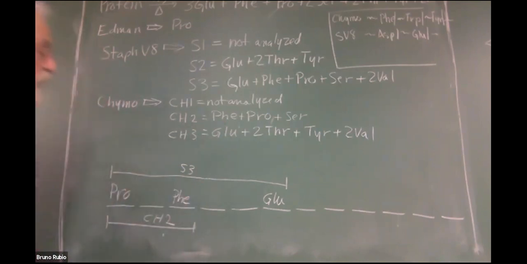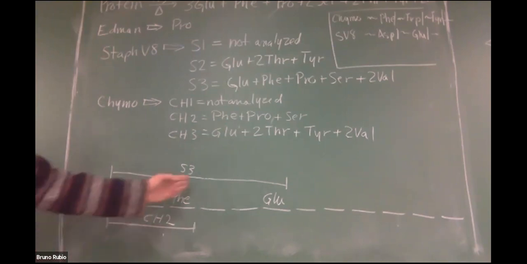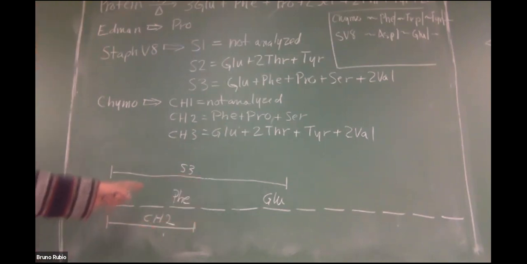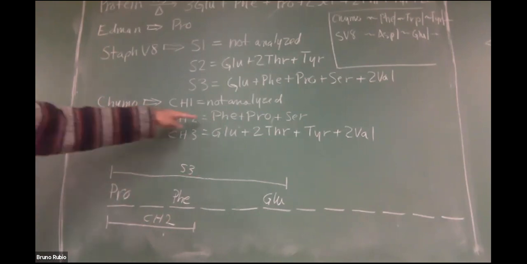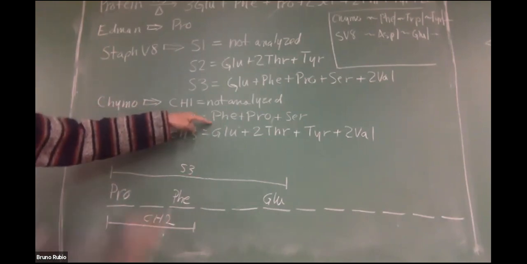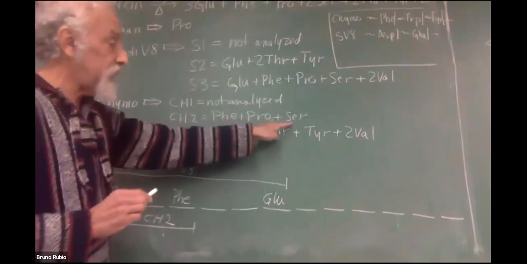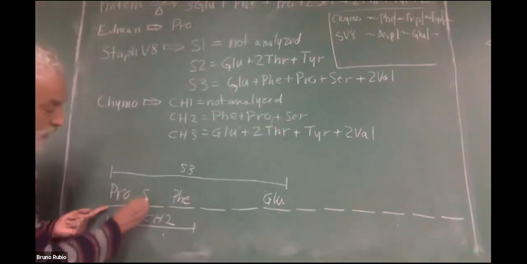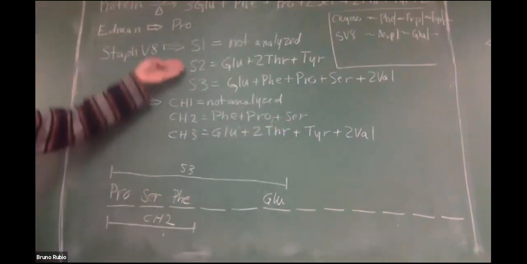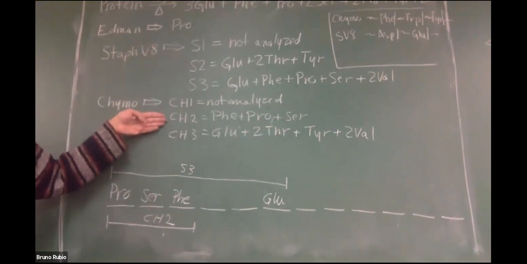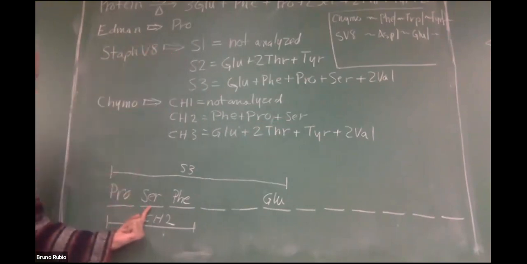So PHE has to live there. I found a home for him. And it's a serine, so serine has to live there. I'm just using what was in CH2 to determine where the serine was.